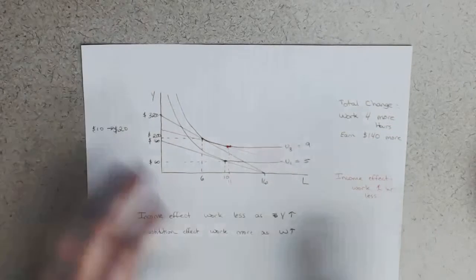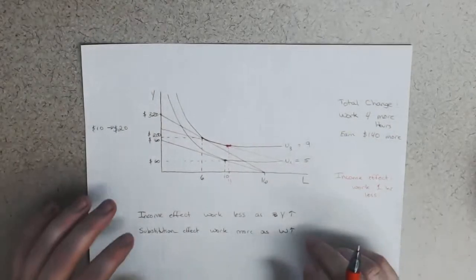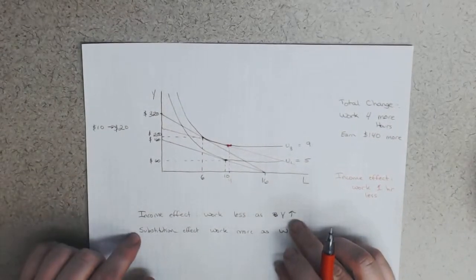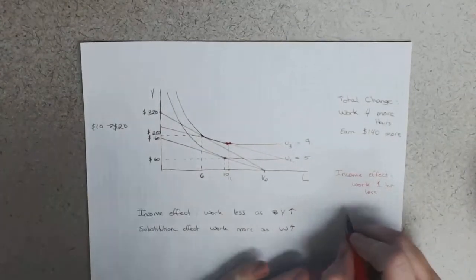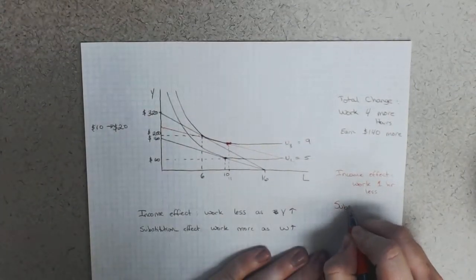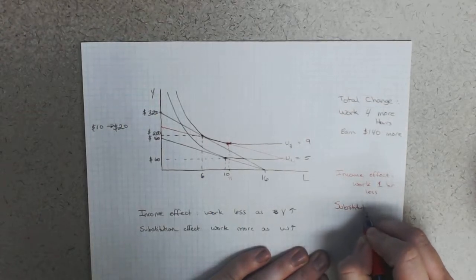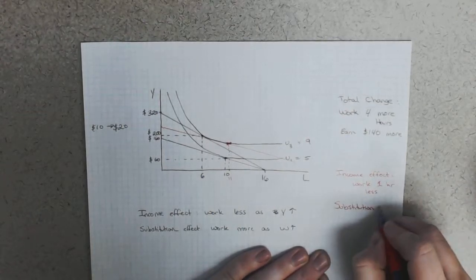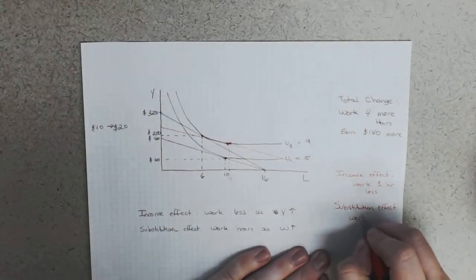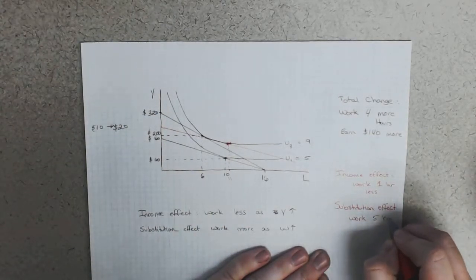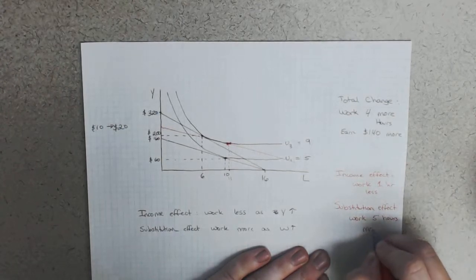And then because we know that the income effect plus the substitution effect equals the total effect, we know that the substitution effect must be to work 5 hours more.